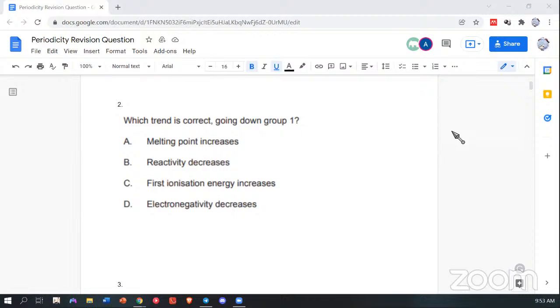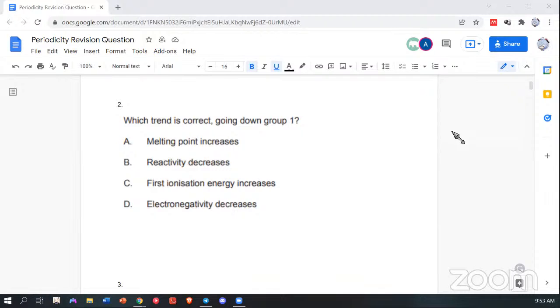Okay, apa relationship between nuclear charge dengan shielding? Actually when you want to answer this question dalam chemistry, so we have to look at the situation, situasi dia.